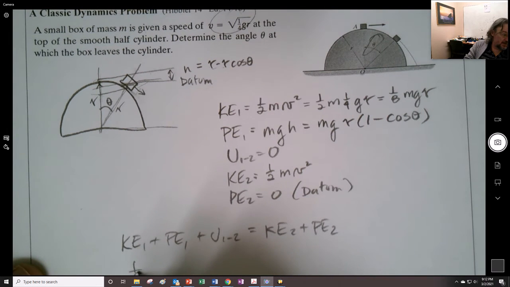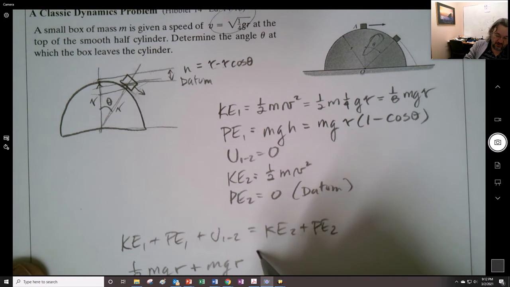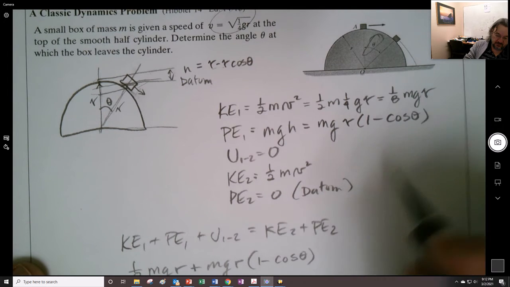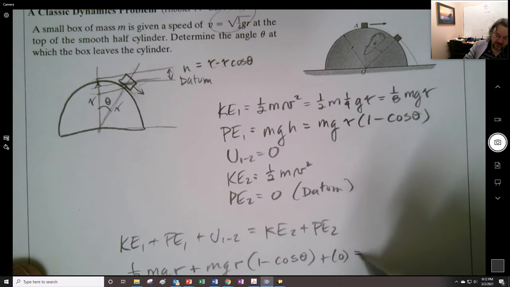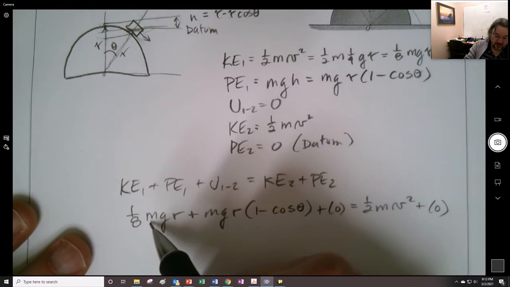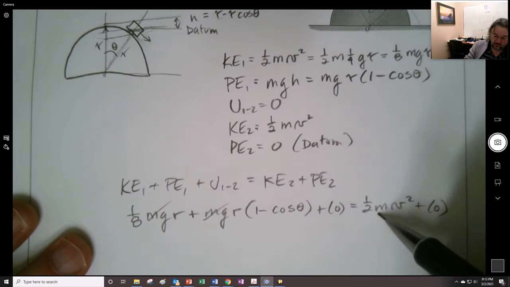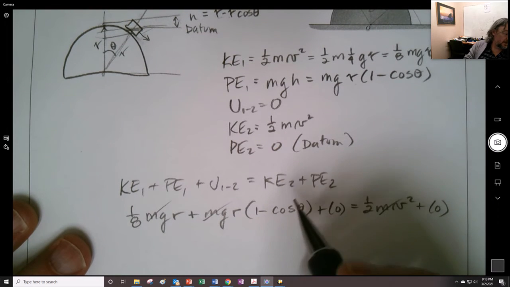We have 1/8 times mgR plus mgR times 1 minus cosine of theta plus 0 equals 1/2 mv squared plus 0. We got rid of a lot of m's. Yay, mass goes away.